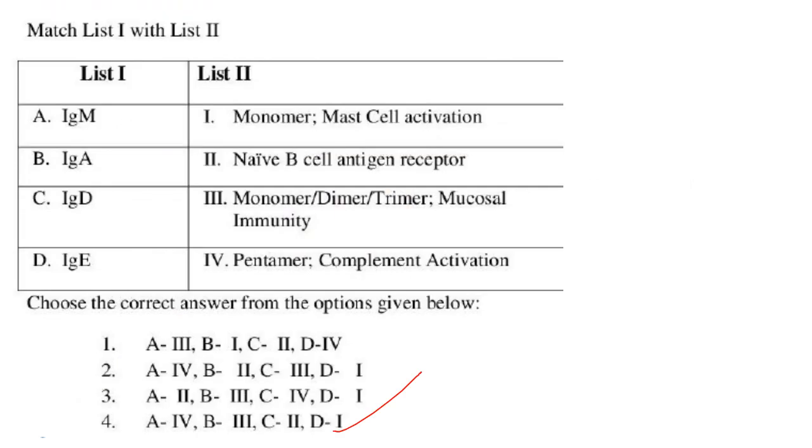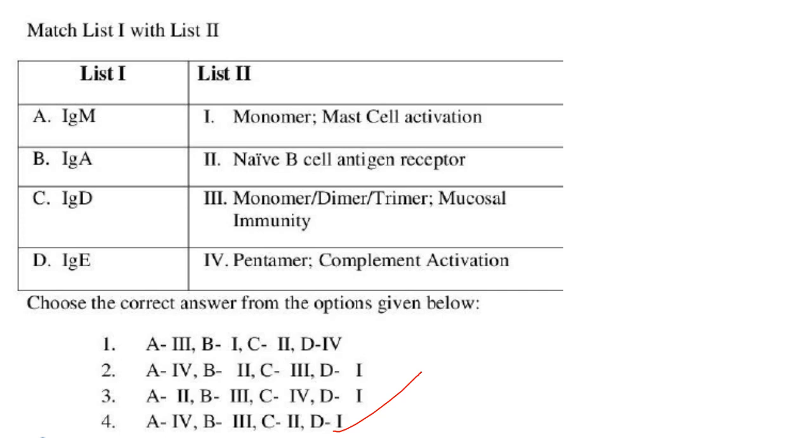Then next one. IgM. IgM is a pentamer and is involved in complement activation. They had asked this question just 6-7 questions before. Regarding IgM, that time I told you IgG is also involved in complement activation. So A4. Then IgA.